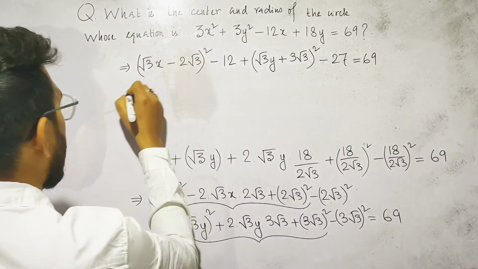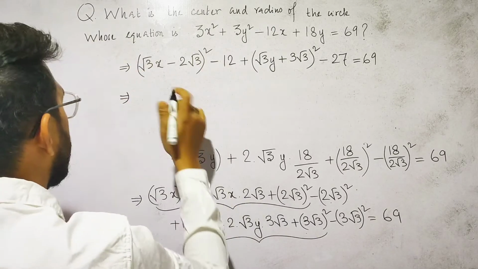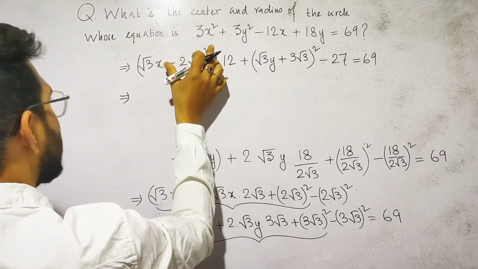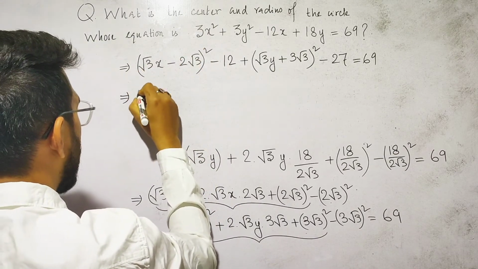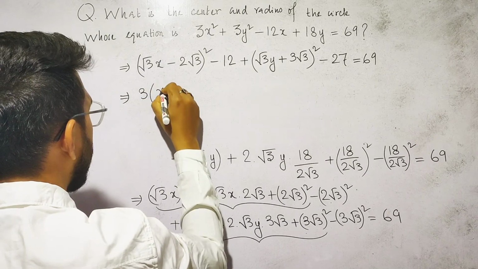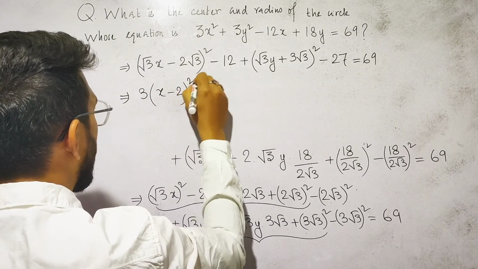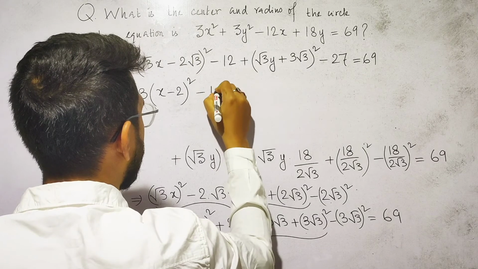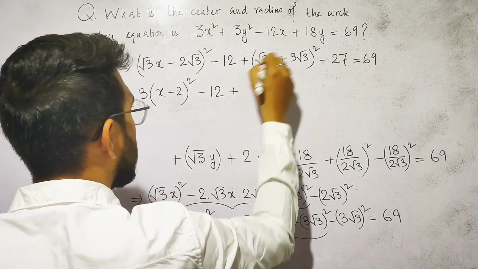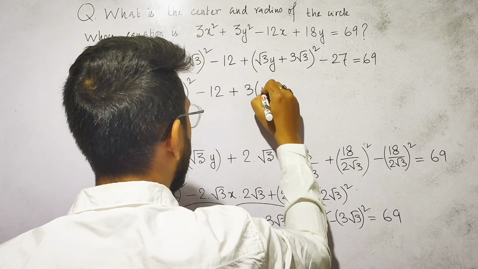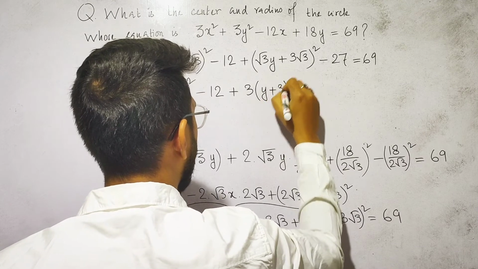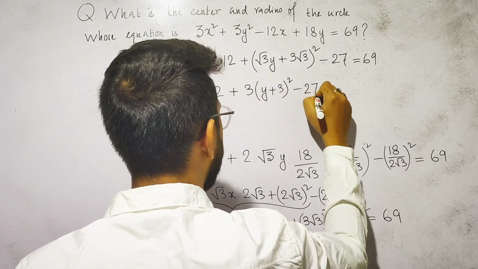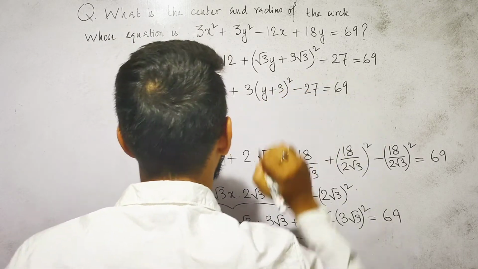So now we can take root 3 common. Since this is a square, it comes out as 3 outside, and we can write x minus 2 whole square minus 12 plus, again the same thing, y plus 3 whole square minus 27 equals 69.